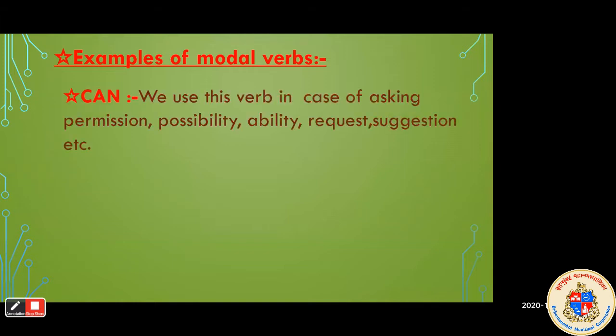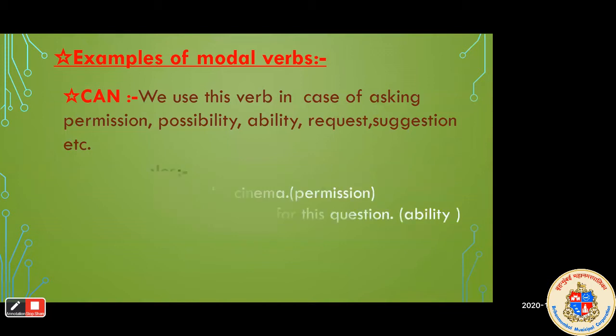We use this verb in case of asking permission, possibility, ability, request, suggestion, etc. So when we have to express things like permission, possibility, ability, request, suggestion, we can use this modal verb can. Here are some examples.